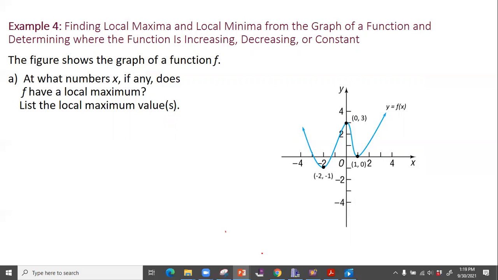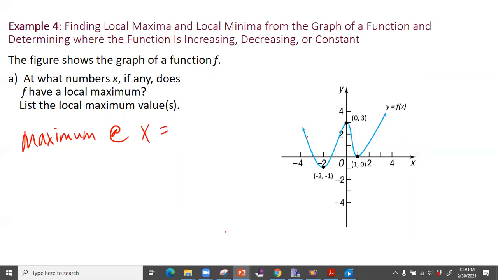List the local maximum values. So maximums, where art thou?